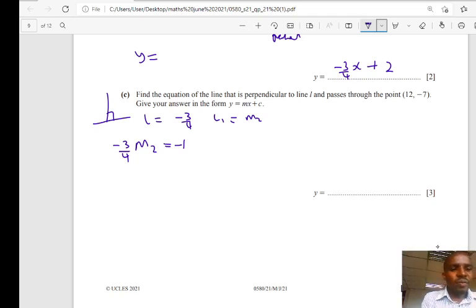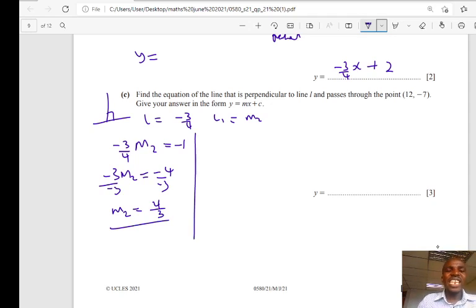So multiply by 4: minus 3 M2 is equal to minus 4. Then divide by minus 3. You get M2 is equal to positive 4 over 3. So that's the gradient of the line perpendicular to L.